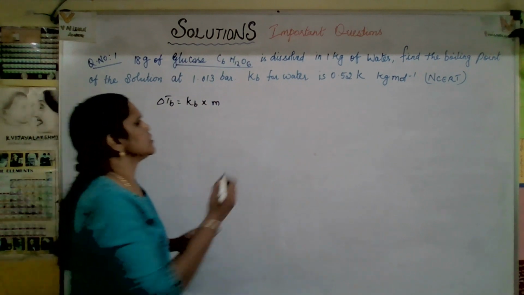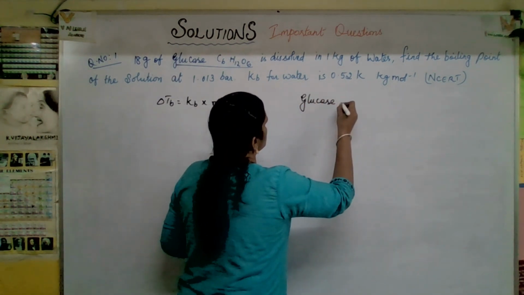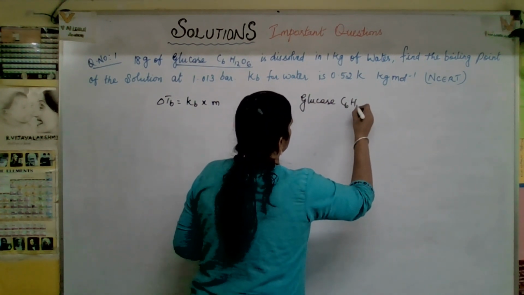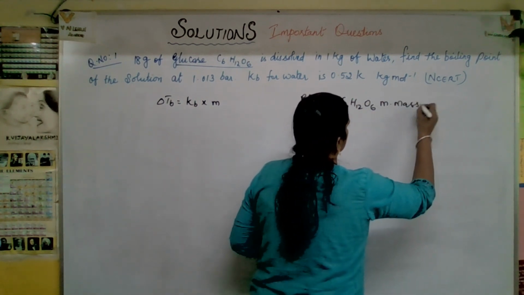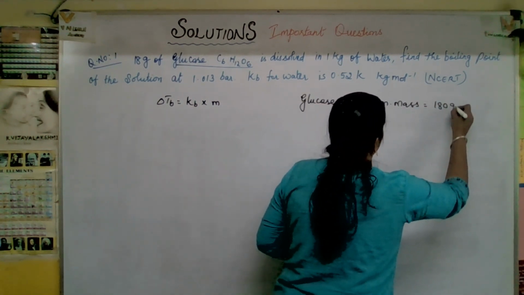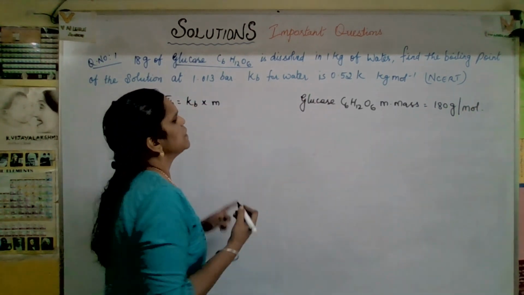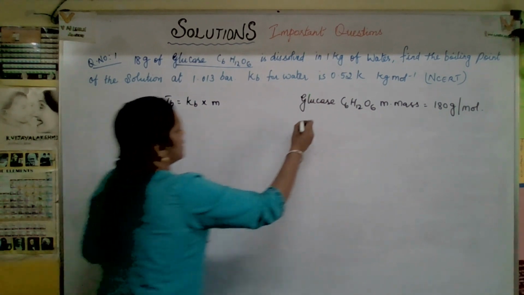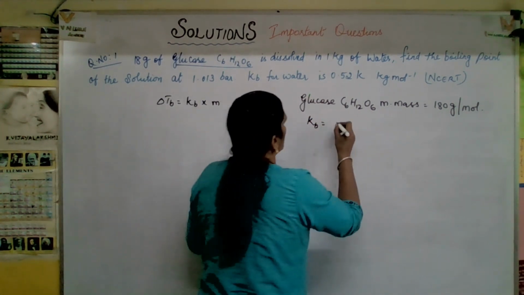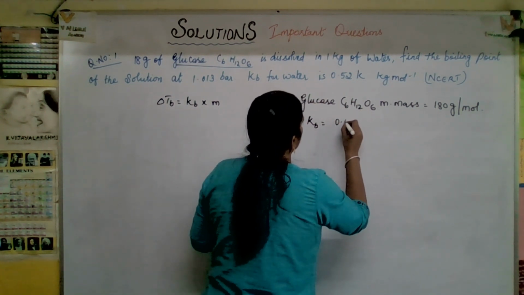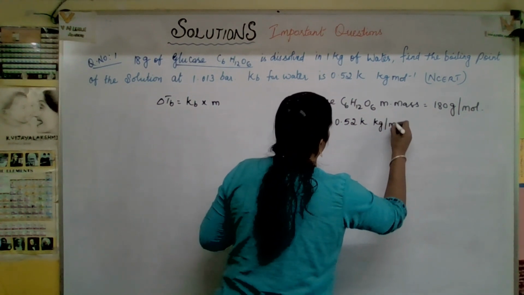Here the molecular mass of glucose, C6H12O6, is 180 gram per mole, right? Now let us provide the values. KB for water is 0.52 kg per mole, right?